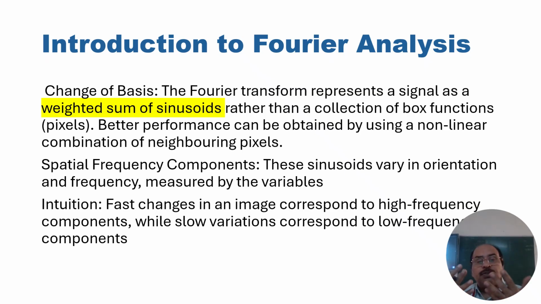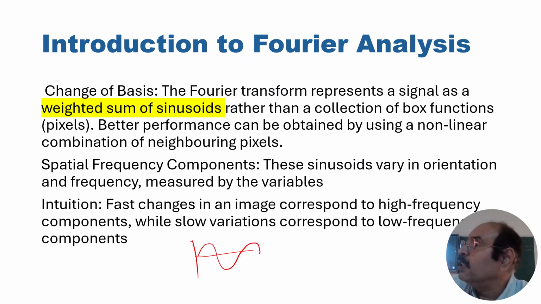In Fourier transform, we are going to represent a signal as a weighted sum of sinusoids. You know what a sinusoid function is? Any function that varies in this format, like this.